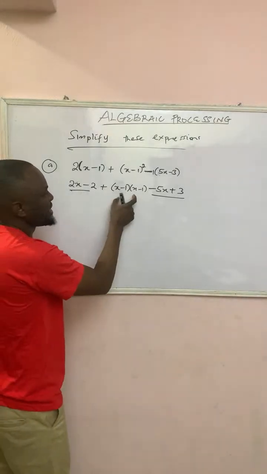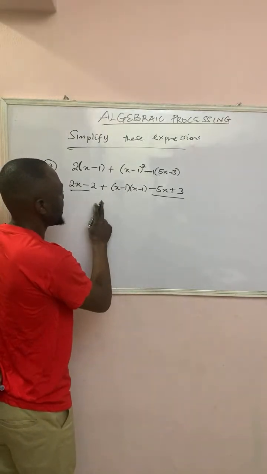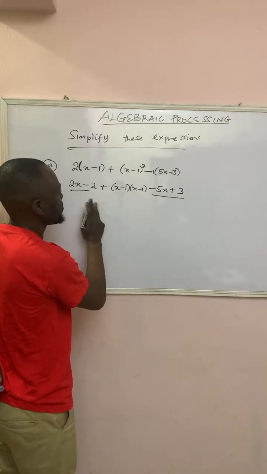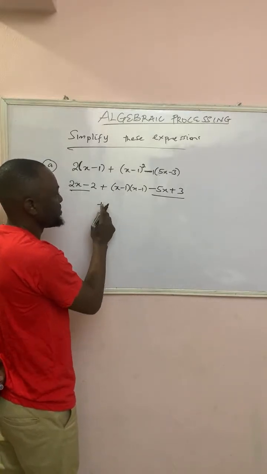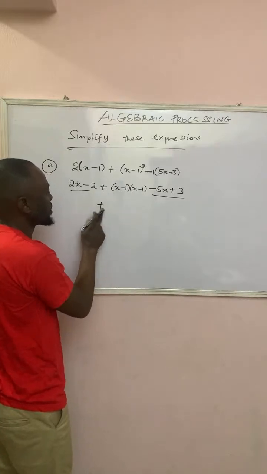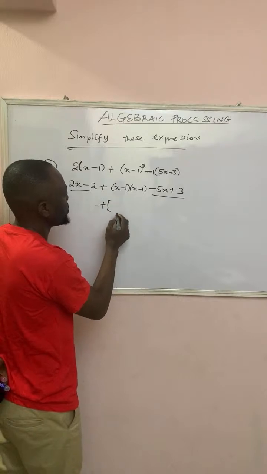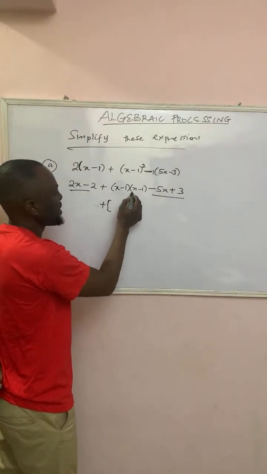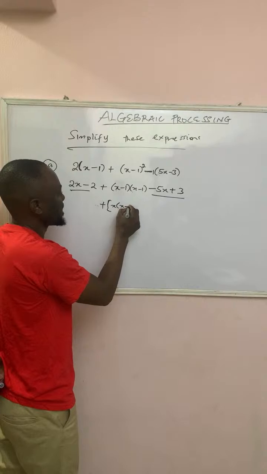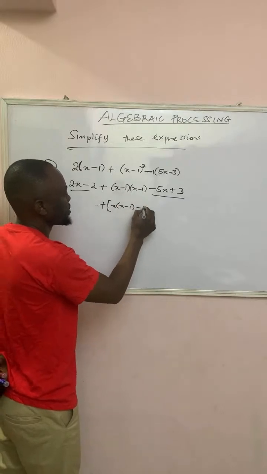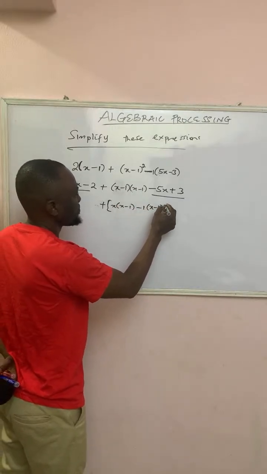So let's simplify this part of it. Here we have positive. Assuming we had negative here, it would have been a different ballgame. So we're going to do this: x multiplied by x minus 1, and then minus 1 multiplied by x minus 1.